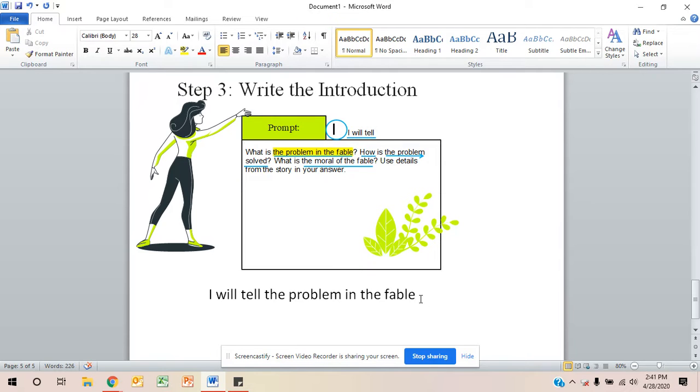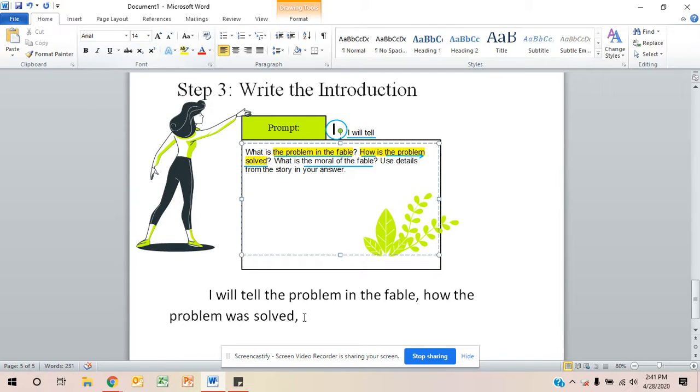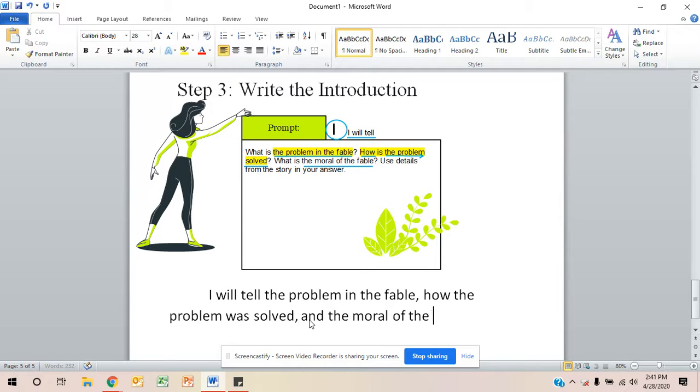Now I need to add in how the problem was solved. Since I've done this part, and the moral of the fable, which is the last part of the questions.